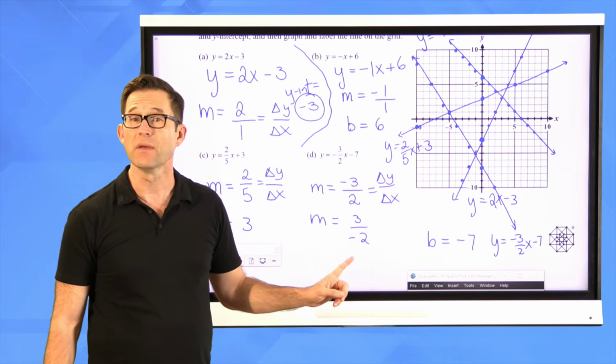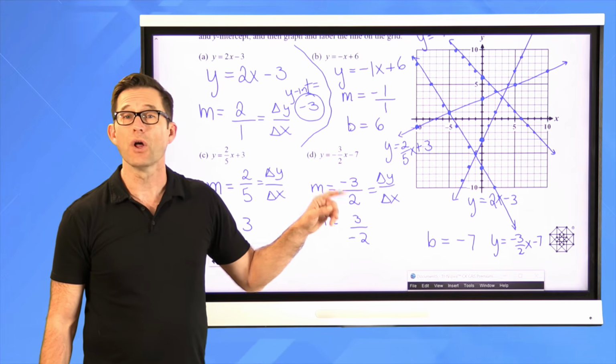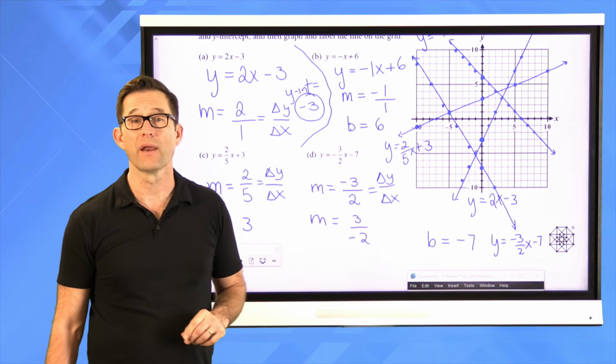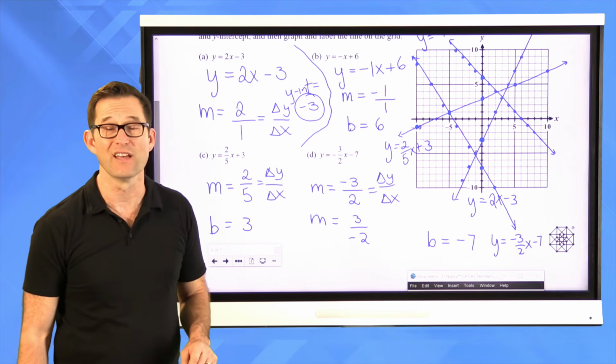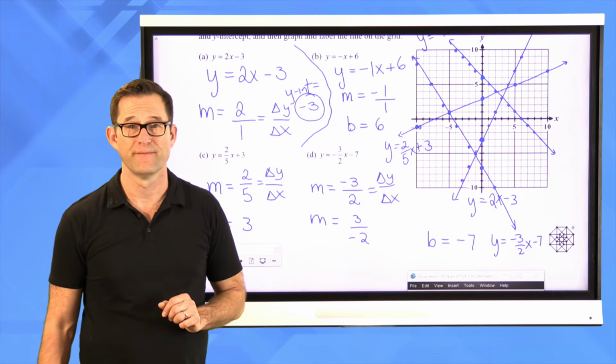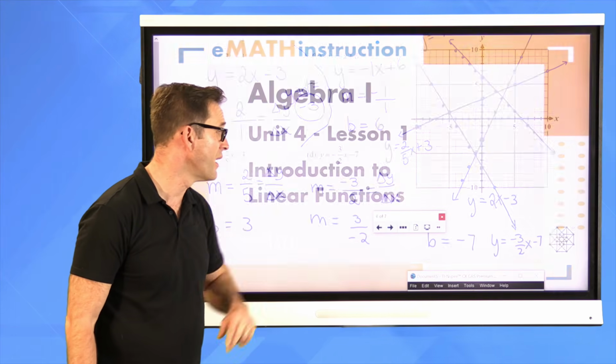And that's telling me left 2, up 3. So when you have a negative slope, you can attach that negative to the numerator or the denominator. You just can't attach it to both, because then you'd have a negative divided by a negative, and that would be a positive. Okay, so we're going to get a lot of practice graphing lines by hand.